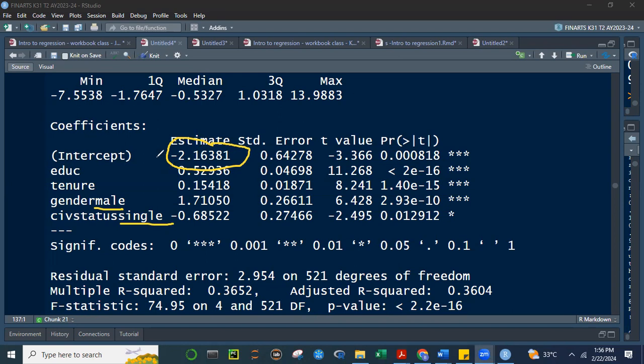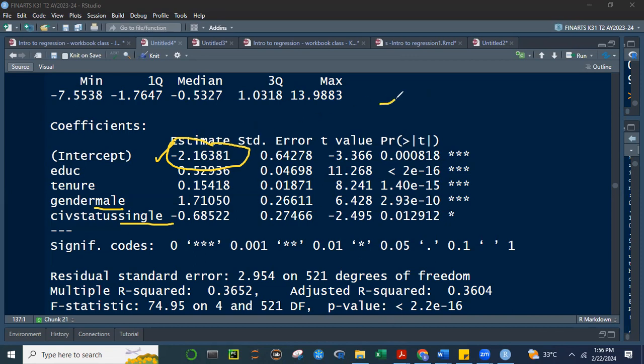How do you interpret this? We discussed this last time, right?